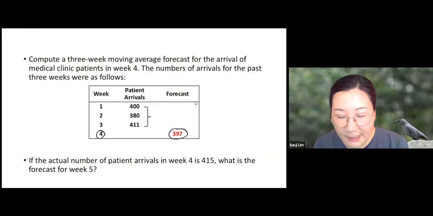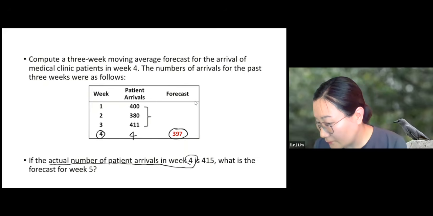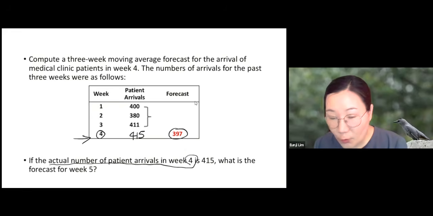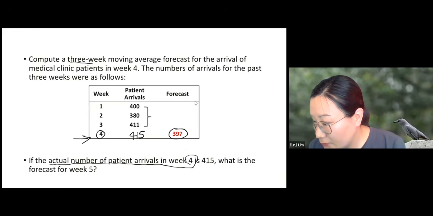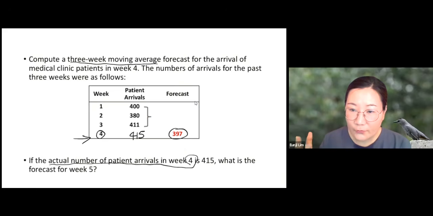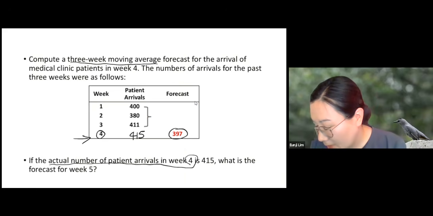Now let's say that time passed and the actual number of patients arrived in week 4 is 415. Now we are at the end of week 4. What's our forecast for week 5? Again, we're going to use a 3-week moving average. That means we need to collect the 3 most recent observations and then average them. So what's the most recent observation?